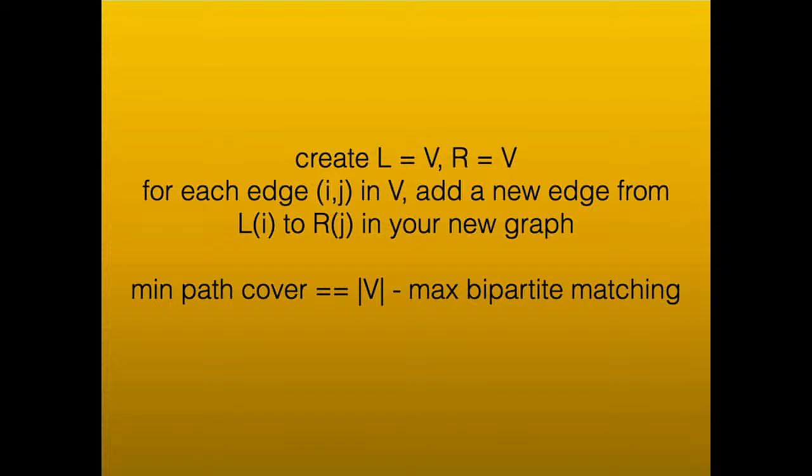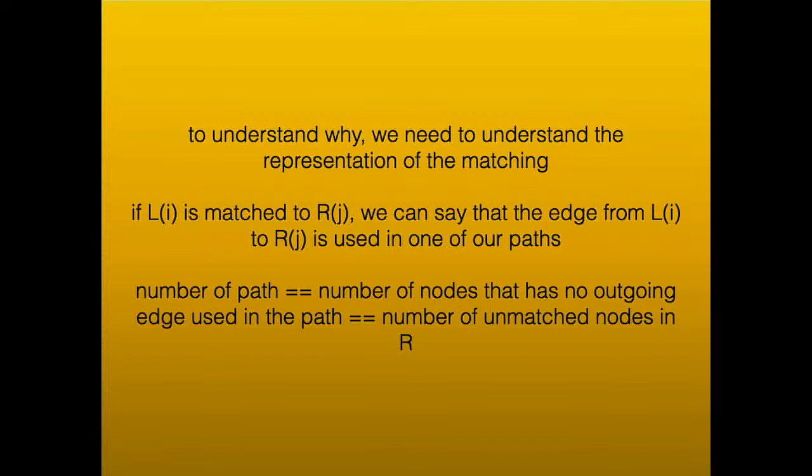Yep, exactly. So the representation of the matching is that if Li is matched to Rj, then i and j are used in one of the paths. Let's say this is a DAG, and let's say this is the matching.